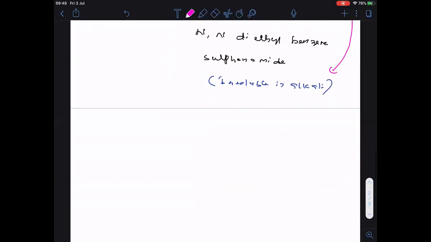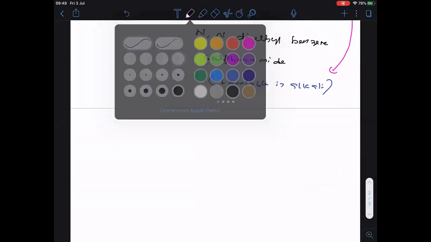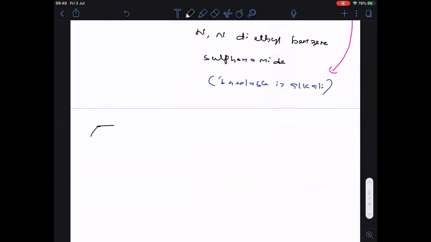Clear? Then what about the tertiary amine? Tertiary amine's reaction. Okay. So this is the aryl sulfonyl chloride, Hinsberg reagent. Now here let me take the tertiary amine, C2H5 N C2H5 C2H5.